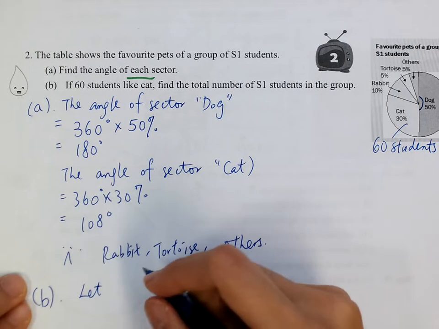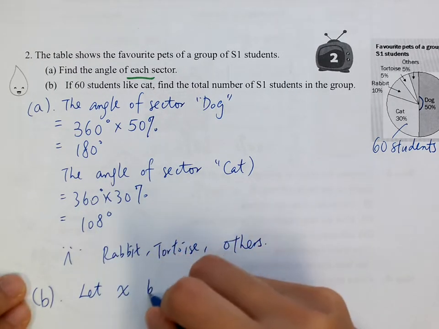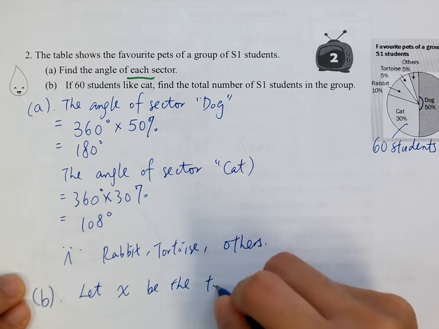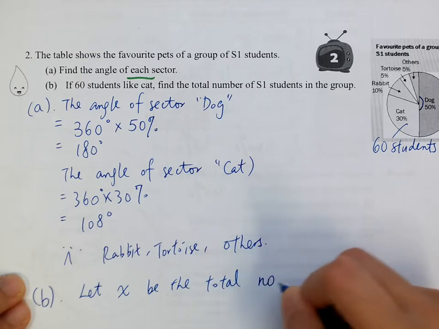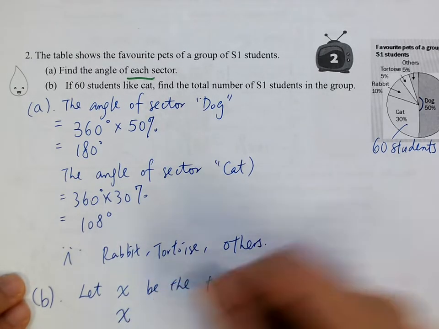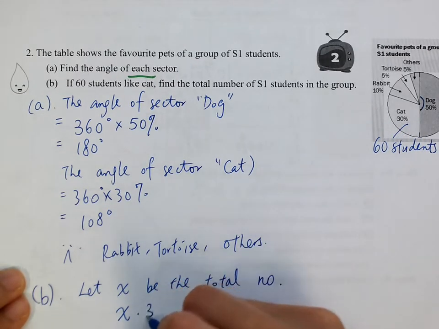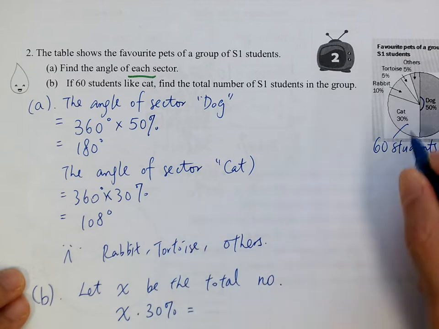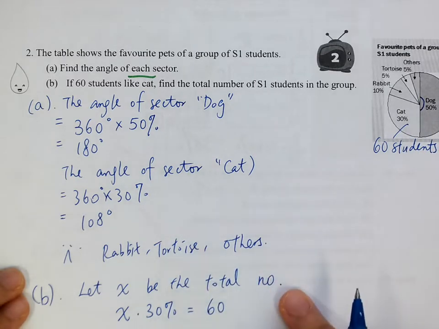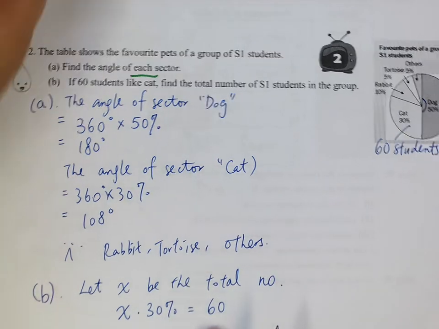So we can set up an equation, let x be the total number. Okay, so since 30% of all the students love cats, and there are 60 students who love cats, we can set up an equation in this way.